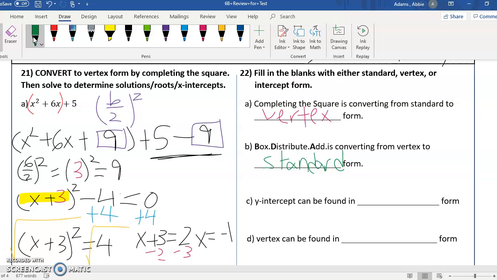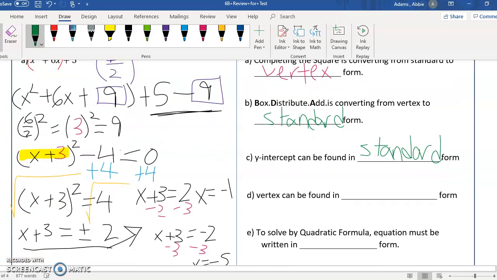Your y-intercept can be found in standard form. The vertex can be found in, you guessed it, vertex form. And then to solve by the quadratic formula, an equation must be written in standard form.